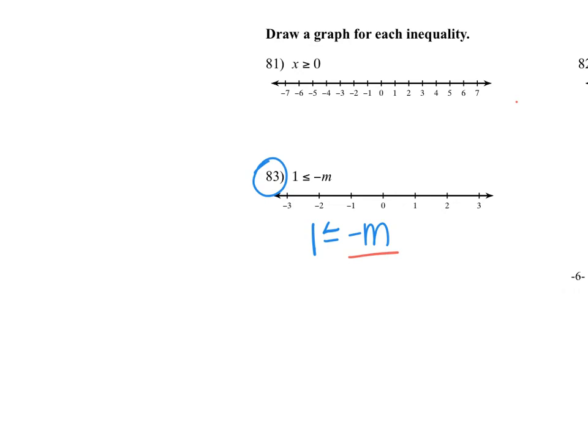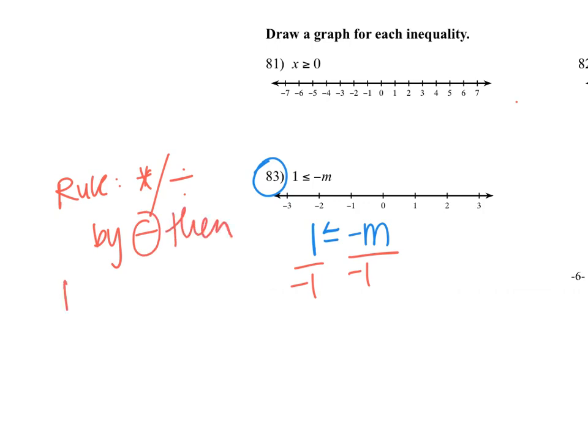So I'm going to divide both sides by a negative 1. And because the rule is when you multiply or divide by a negative, then the inequality sign switches.